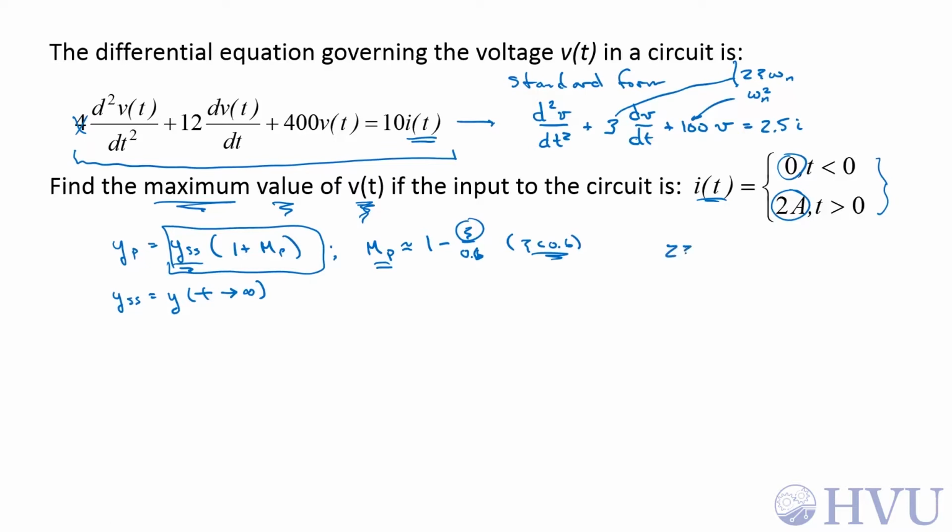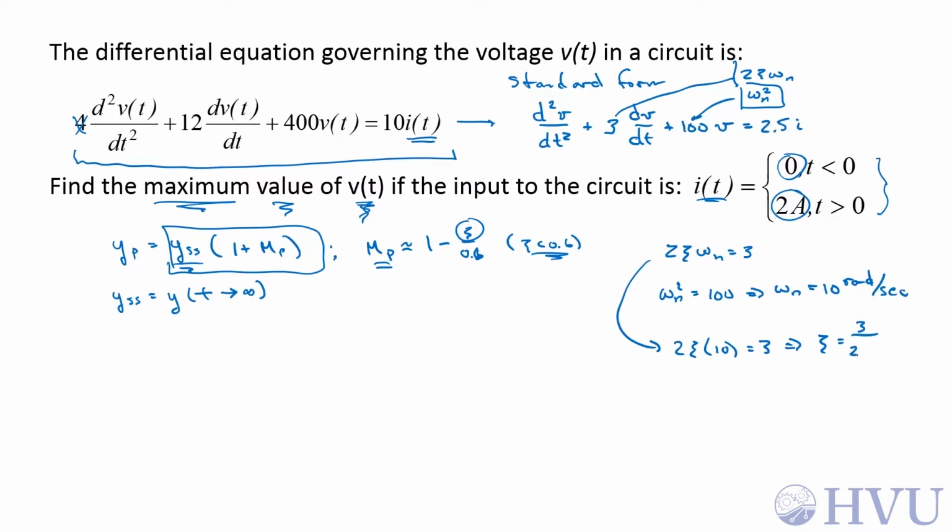2 times zeta times omega sub n is 3, and a second equation, omega sub n squared, is equal to 100, so omega sub n is equal to 10 radians per second. 2 times the damping ratio times 10 is equal to 3, so the damping ratio is 3 over 2 times 10, or 0.15.